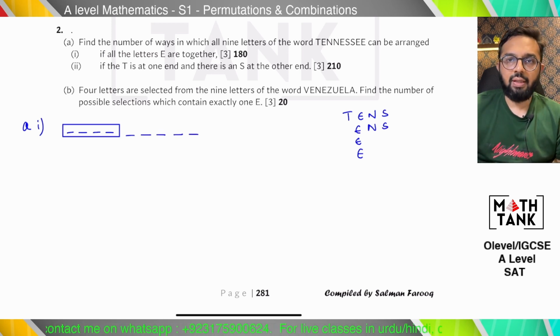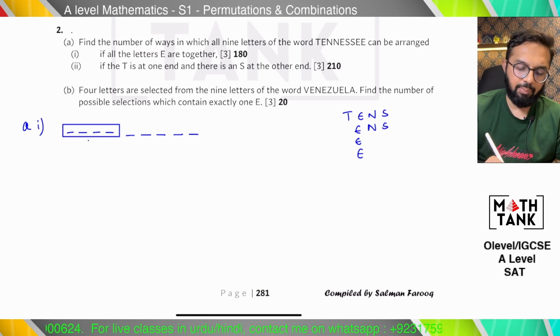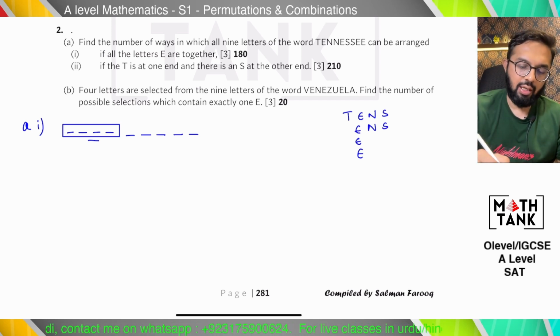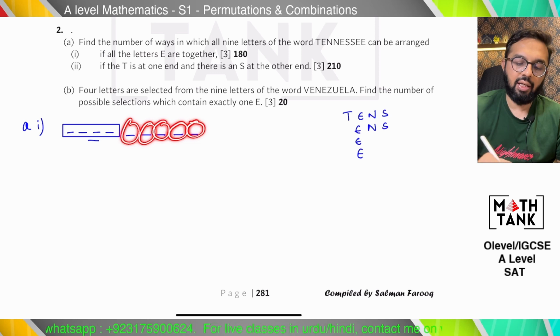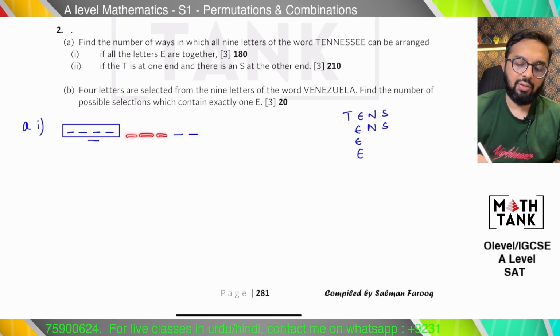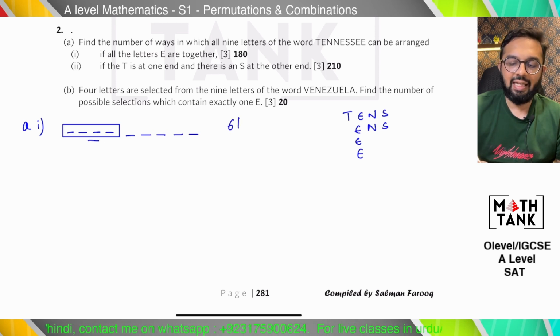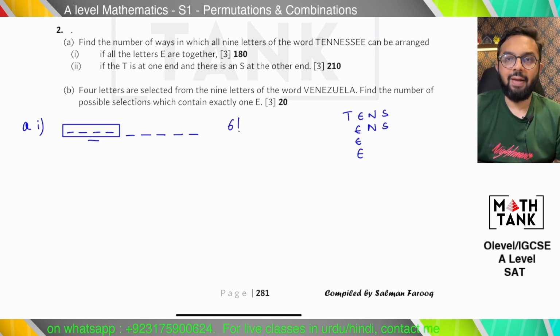Whenever you want to keep something together and you've drawn a box, remember that the box acts as 1 dash. The box will get shuffled around with these individual dashes that are outside. So I have 5 dashes outside and 1 box. That makes a total of 6 things that need to shuffle around. So 6 factorial ways of arranging those things.